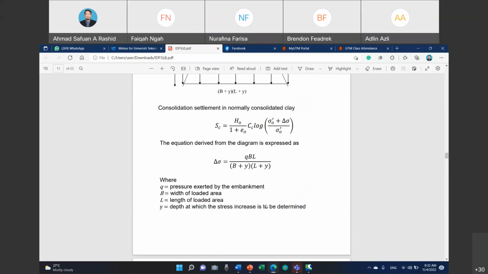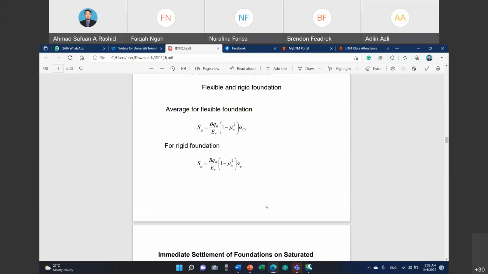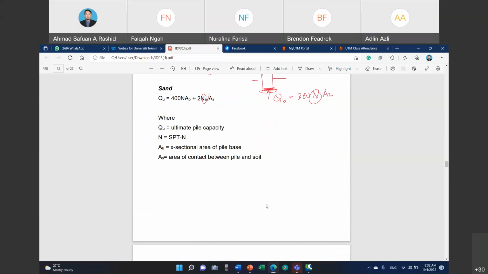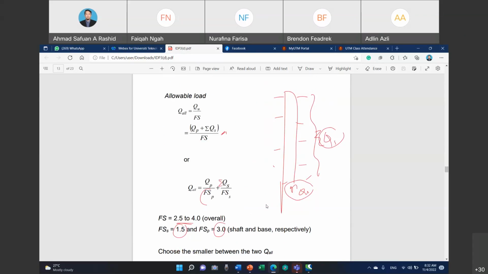Sama juga dengan yang shallow foundation sebelum ni, need to divide with the factor of safety untuk digunakan dalam design load. So pastikan after divide with factor of safety, the allowable load ni should be greater than the load from the superstructure lah. So the load from the superstructure should be less than the allowable load from the substructure. So this is the QU over FS.